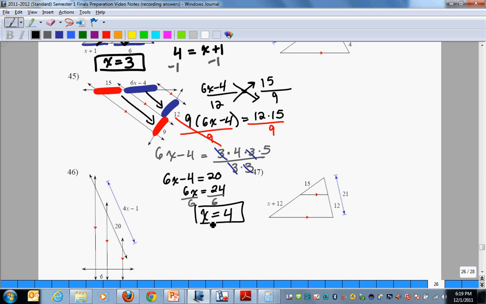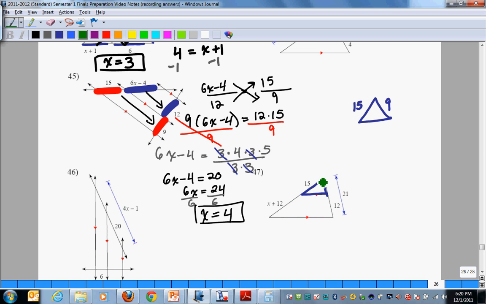And in 47, I'm going to demonstrate the pulling of the triangles apart. If you pull this apart, this is 15. For this side, we're going to take 21 and minus 12. So that's 9.